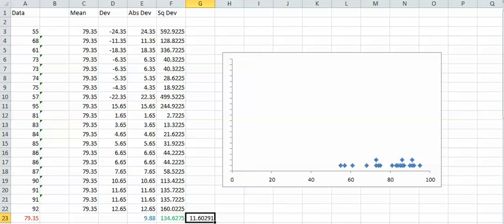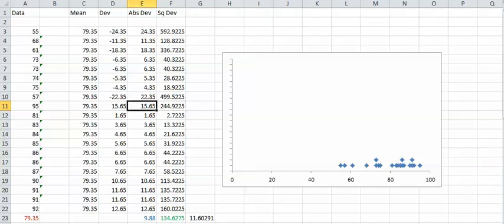So the point I'm trying to make here is that when a value moves further away from the mean, like this one did, the absolute deviation, or the distance to the mean, goes up, and the squared deviation goes up also.